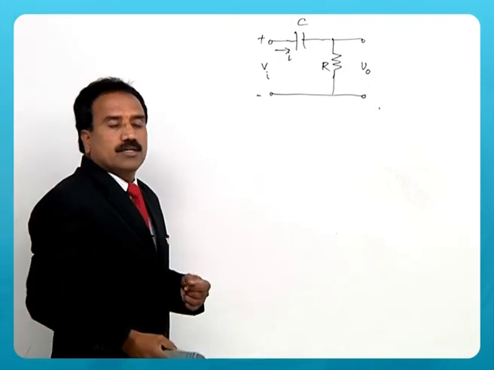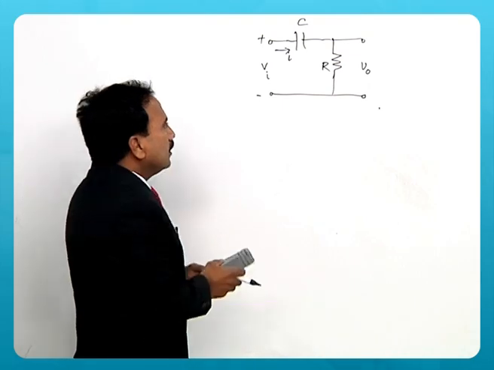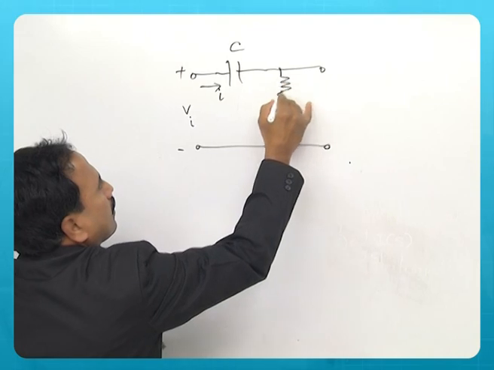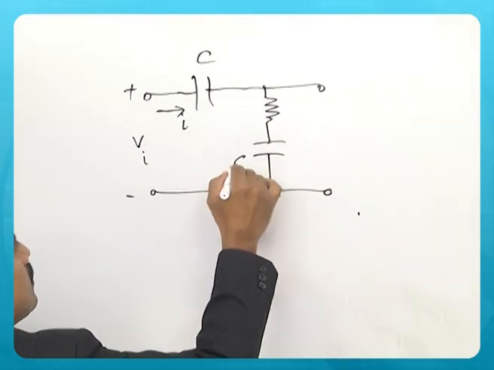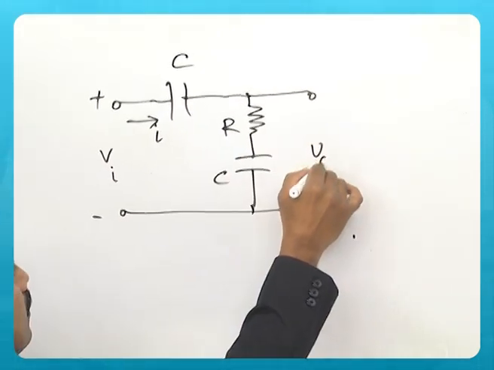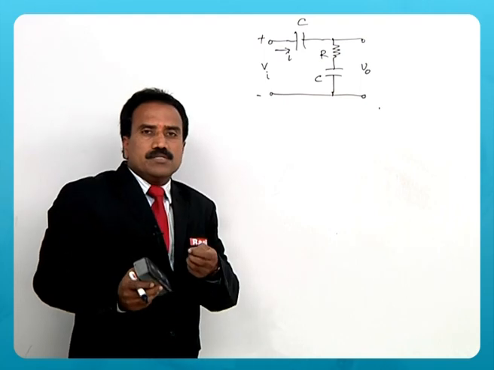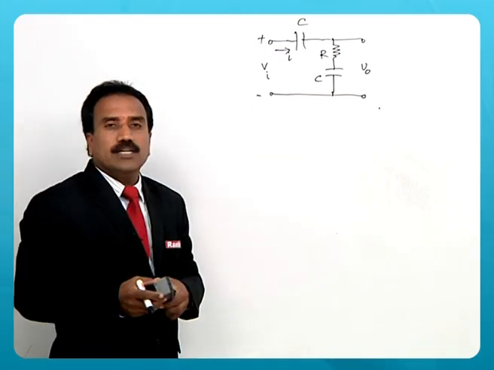Going further to a tougher problem, there may be a resistance and a capacitor here, and there is a capacitor even here. See that the complexity is a little bit increased. You have an addition of a capacitor here.